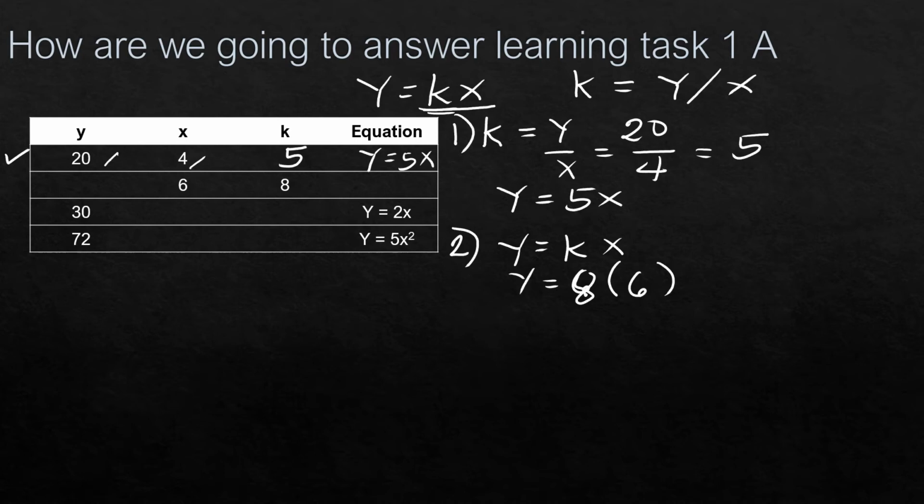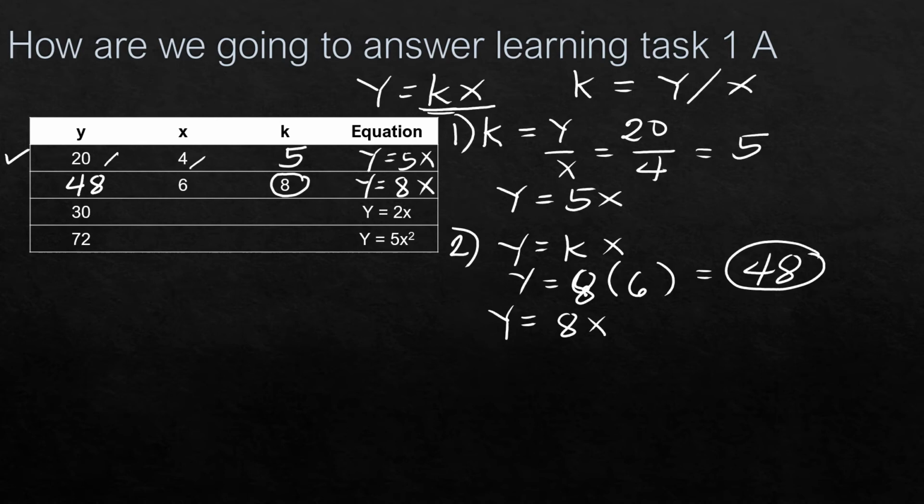To find your y, it is 8 times 6, which is 48. So, 48 yung ating y. Now, the constant is 8. So, i-rewrite lang natin. The equation is y is equal to 8x.